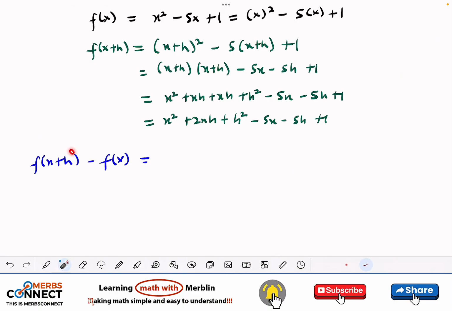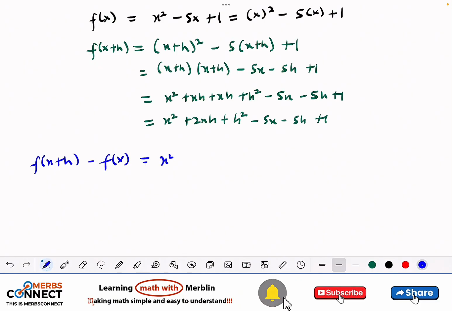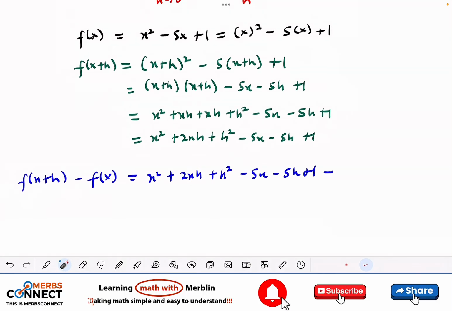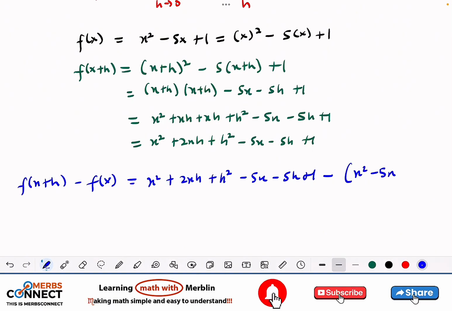Now f of x plus h is the whole of this. So I'm going to have x squared plus 2xh plus h squared minus 5x minus 5h plus 1 minus, then what I'm going to do next is minus f of x, but f of x is not just one term, it's 1, 2, 3. So I need to put this one in parentheses. So x squared minus 5x plus 1.